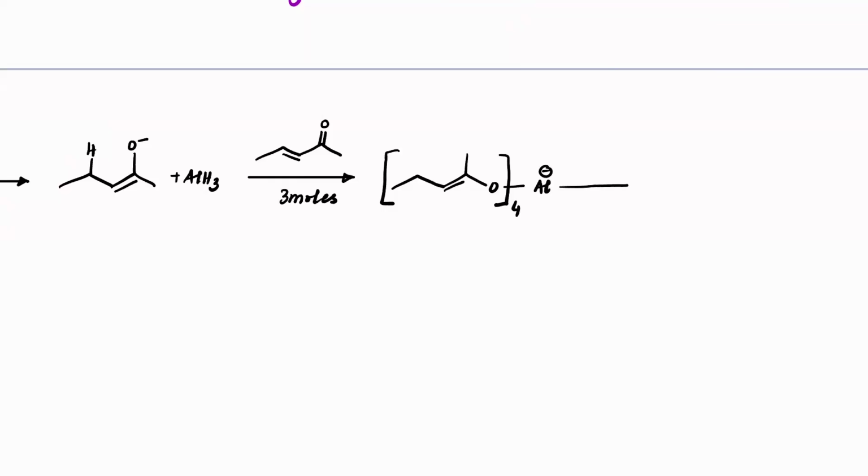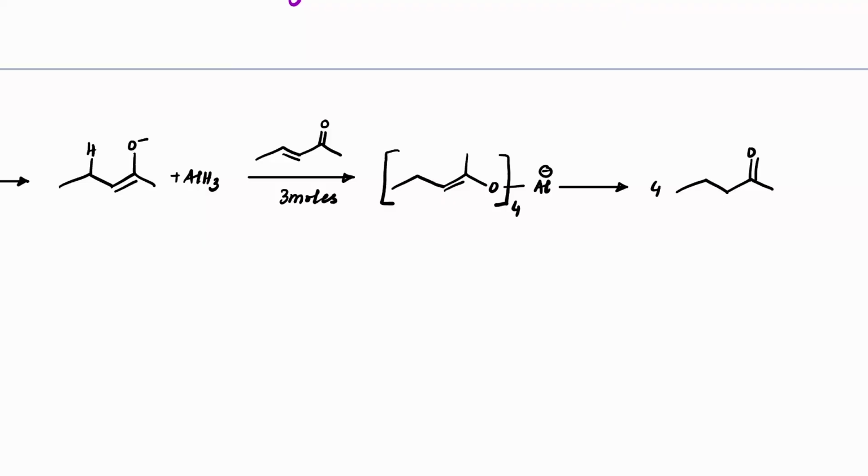And this, because you have an O minus here, what you would notice is that it can undergo tautomerism. The O minus which is present can undergo tautomerism and get a double bond here and minus here.